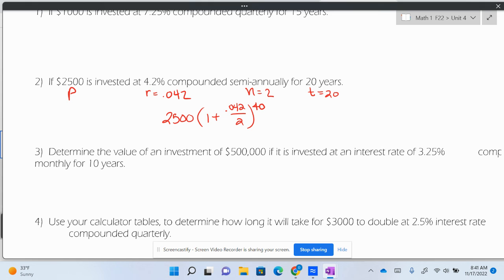Do you guys see where I got that? 2 times 20 is 40. Anyone solve it?